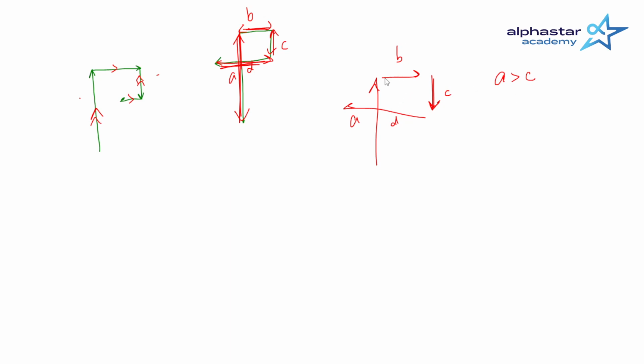And we also have B and D. Well, D has to be longer than B, otherwise we would have a situation like this, right? So similarly, D has to be greater than B in order for D to overshoot and hit the first segment of length A. So we just need these 2 conditions.